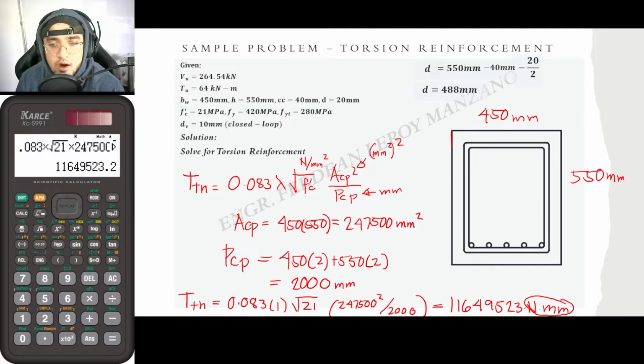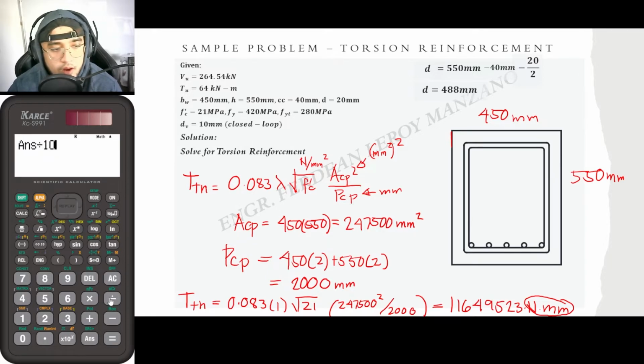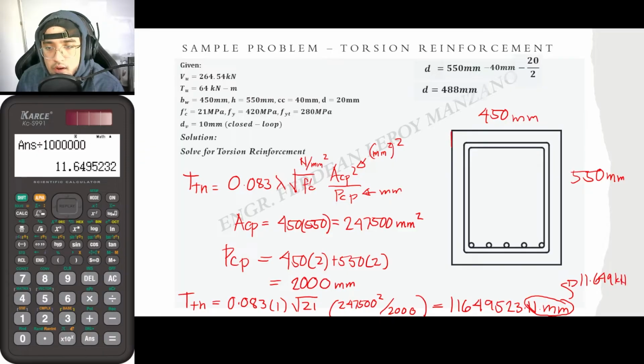If you want to convert that into kilonewton meter, just divide that by 1 million, or times 10 raised to negative 6. So our threshold moment, or threshold torsion, is equal to 11.649 kilonewton meter.